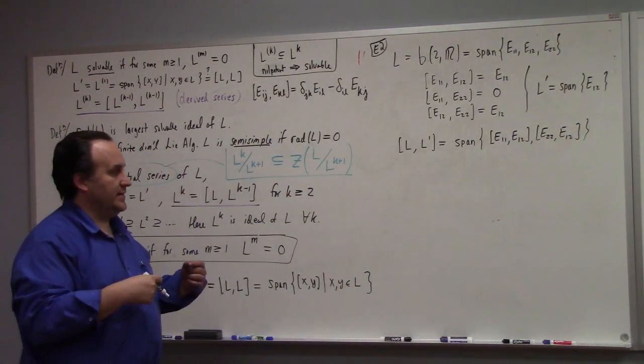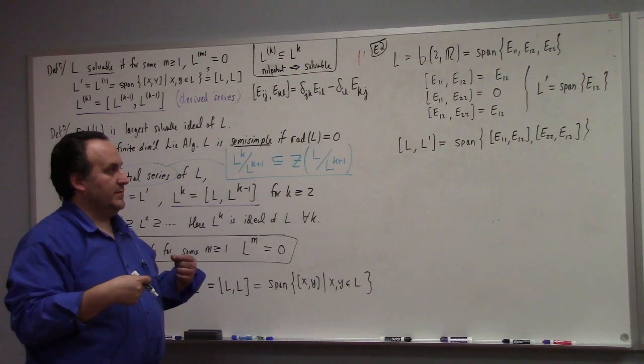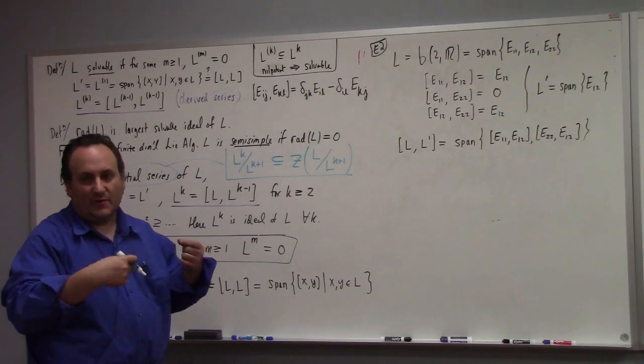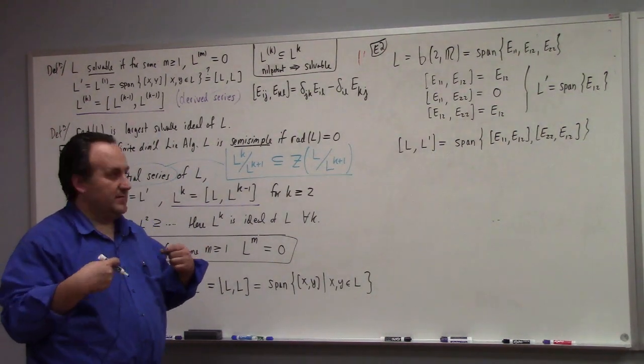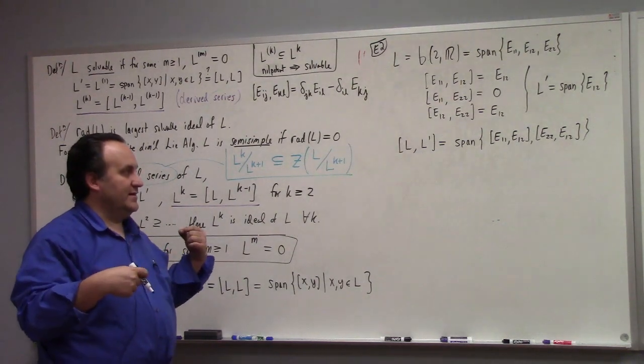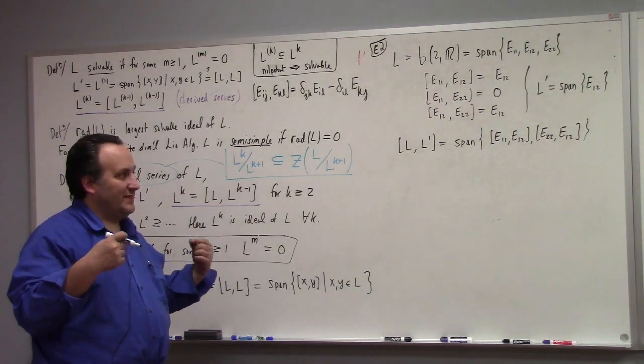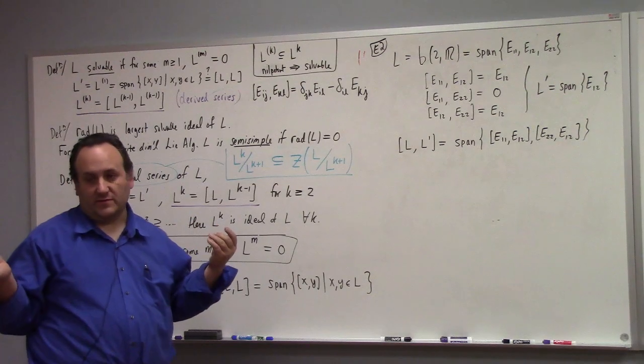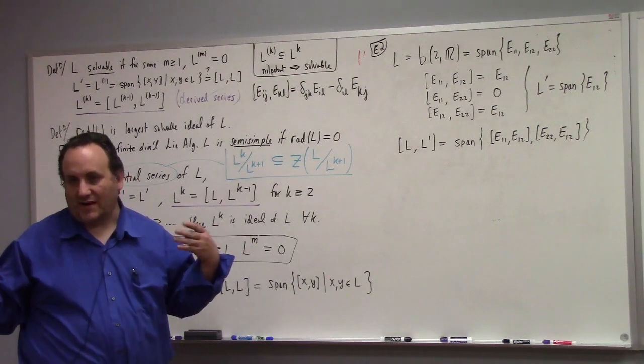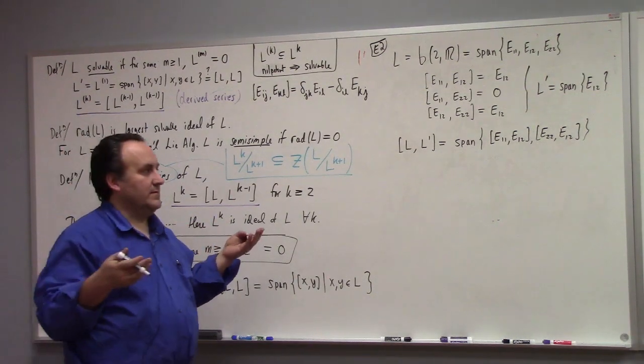Because my L prime only has E12 to pick from in the span, but L itself has E11, E12, and E22. E12 I ignore because the bracket of E12 with E12 is 0.